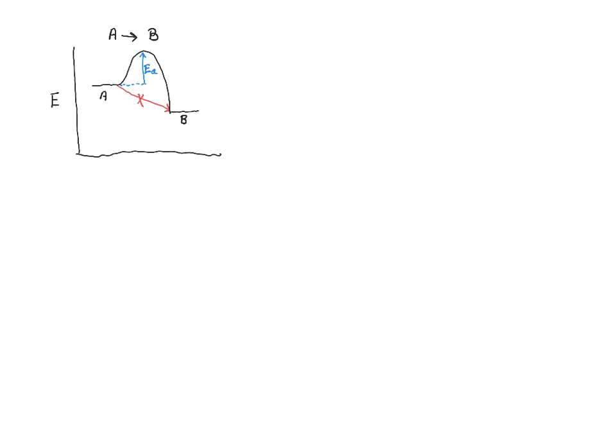Okay, and that state that we are trying to achieve, that barrier we're trying to overcome, is called the activated complex. Sometimes you'll see this also referred to as the transition state, and both are acceptable.